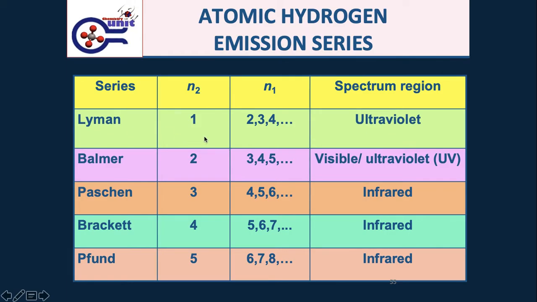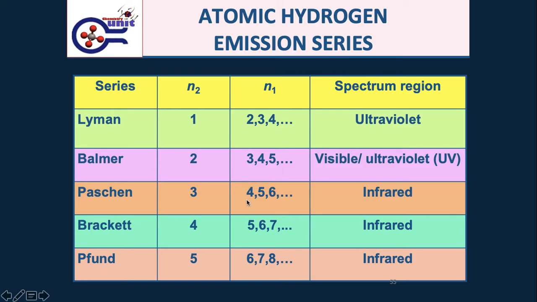If the electron falls from the energy level of 3, 4, 5 and above to n equal to 2, the second energy level, it's the Balmer series, and the spectrum region is visible or ultraviolet.